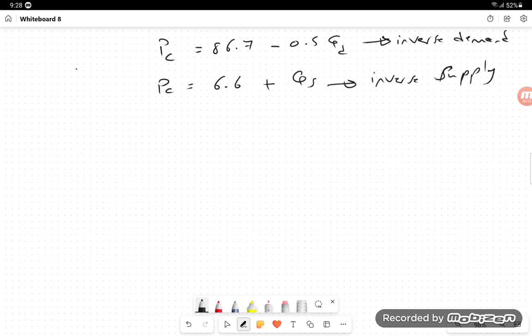If you would like to find the equilibrium price and quantity, equilibrium will be achieved when QD equals QS, or we can write it as 86.7 minus 0.5 QD equals 6.6 plus QS.